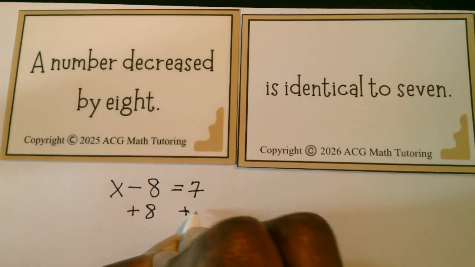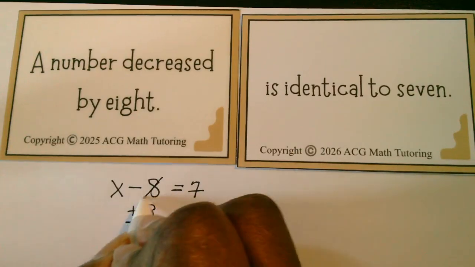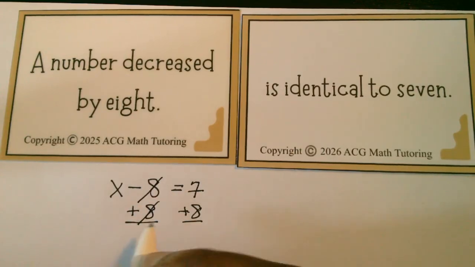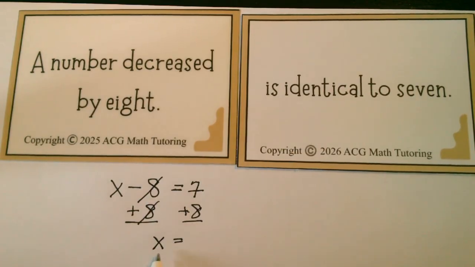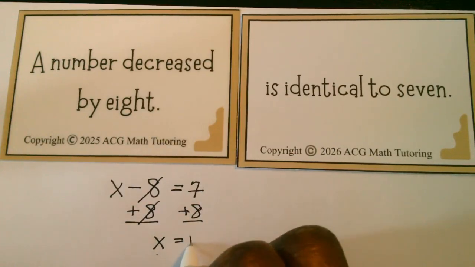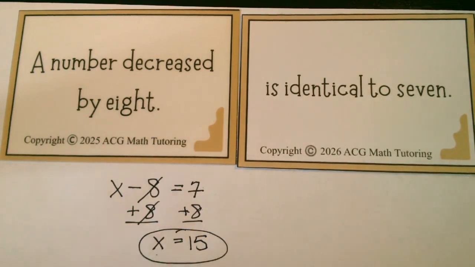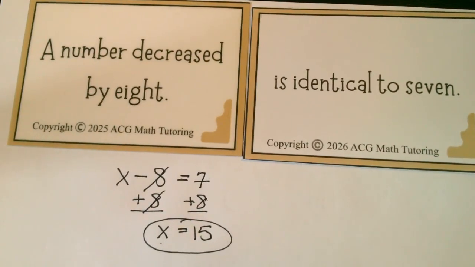So we're adding 8 to both sides. Negative 8 and positive 8 gives me 0, but I don't need the 0 because the x is also there on the left-hand side. And then 7 plus 8, that gives us 15.